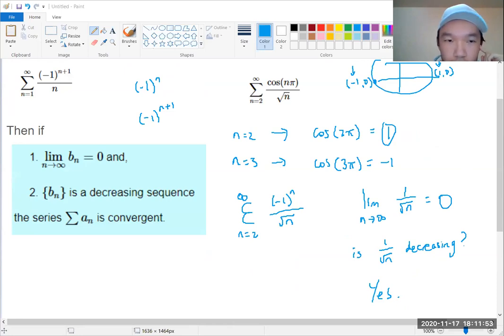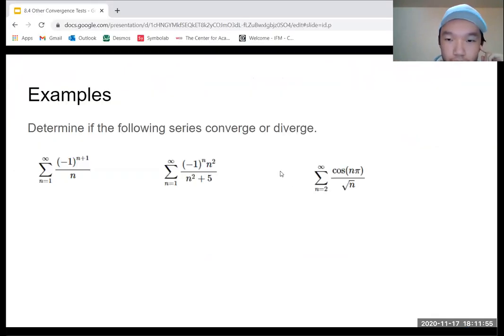Yeah, what's up, Devin? If the test fails, it can only mean it diverges. No, not necessarily. If the test fails, we say it's inconclusive, and you have to use another test to see whether it converges or diverges. It is possible that it can fail the alternating series test and it can still converge. So don't assume that it diverges if it fails.